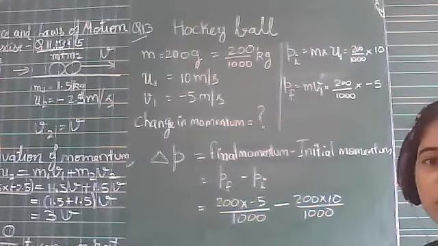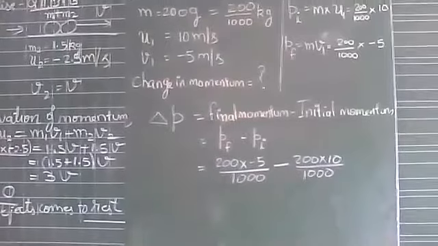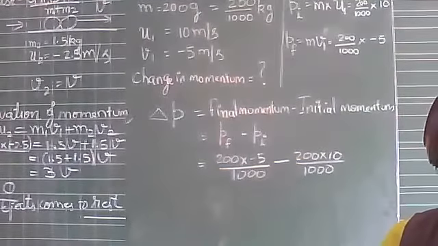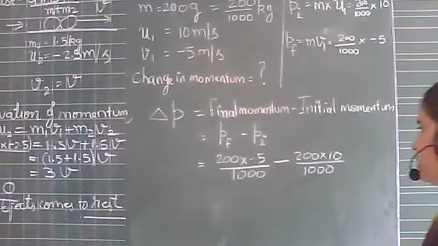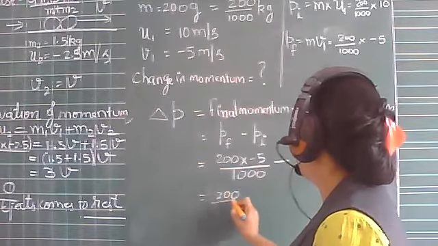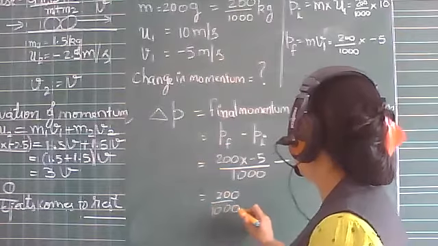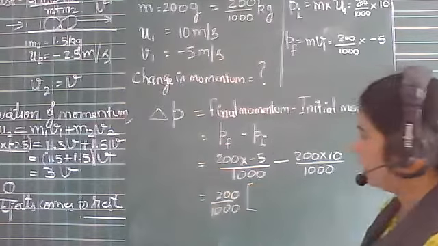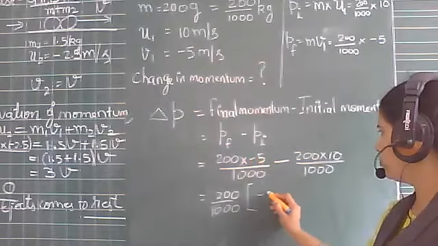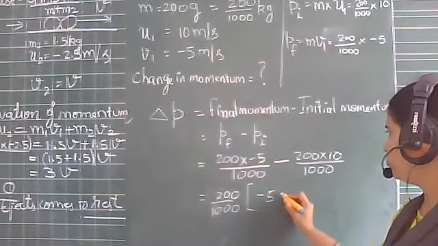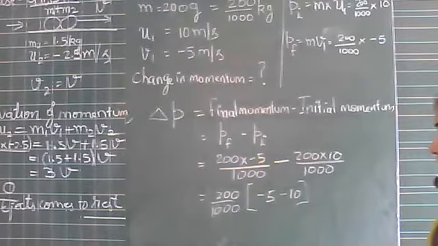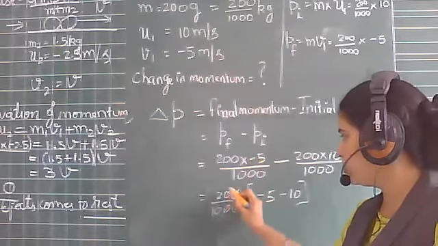Now children, here we can take something common, and what can be taken out common is 200 upon 1000. If we take 200 upon 1000 common, then in the bracket over here what is left? Minus 5, and over here what is left? Minus 10. Yes children. Now we can cut 0, 0, 0.005. Fine.